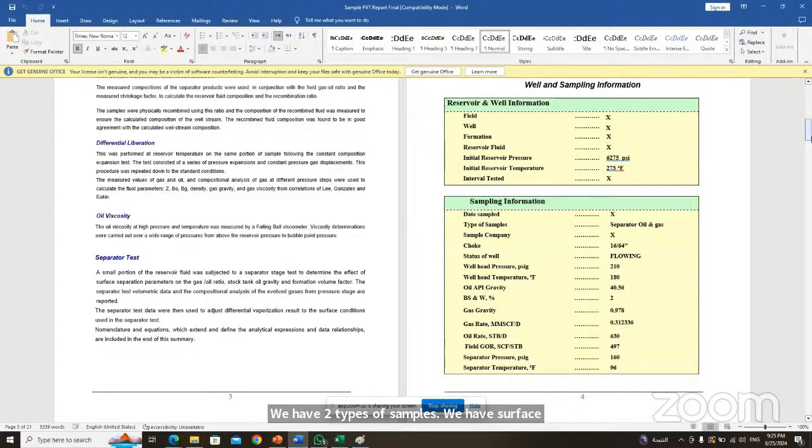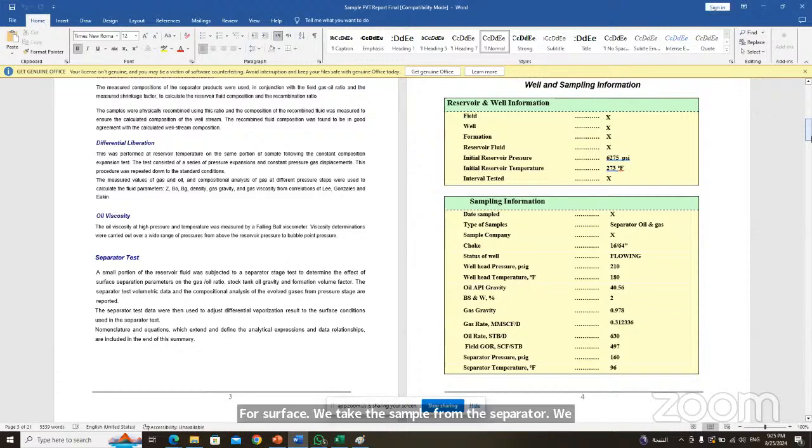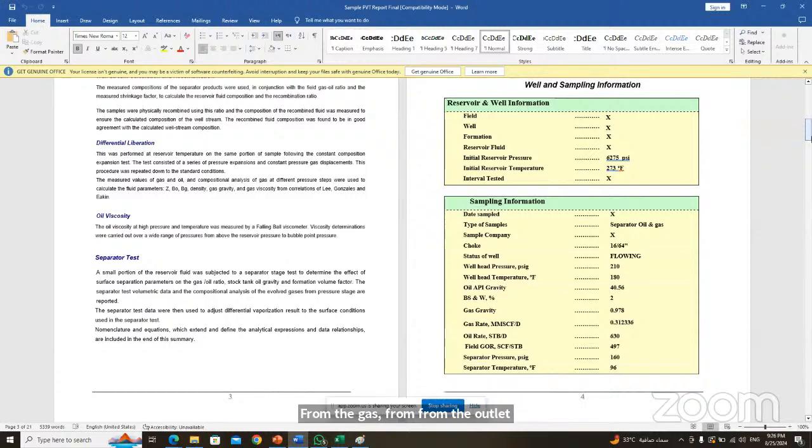For surface, we take the sample from the separator. We take a gas sample from the gas outlet of the surface separator.